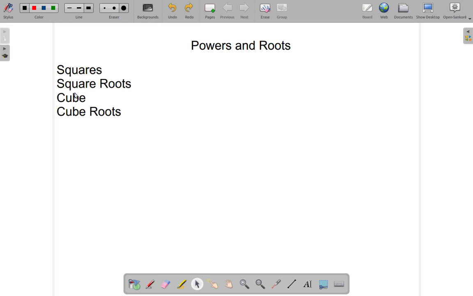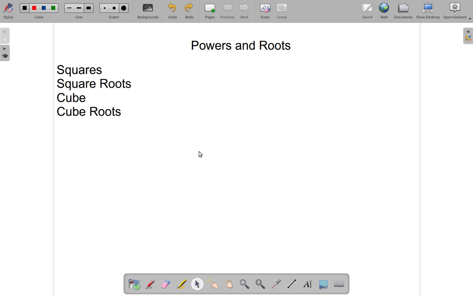We look at powers and roots at this time. Now we're going to concentrate on the square root, the squares and the square roots, the cube and the cube root.